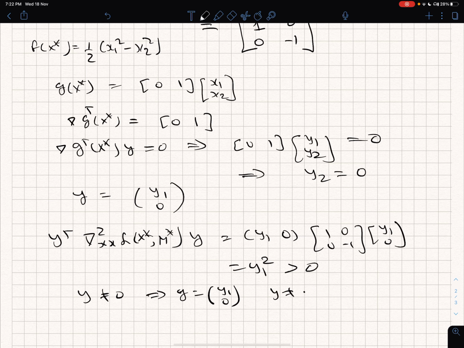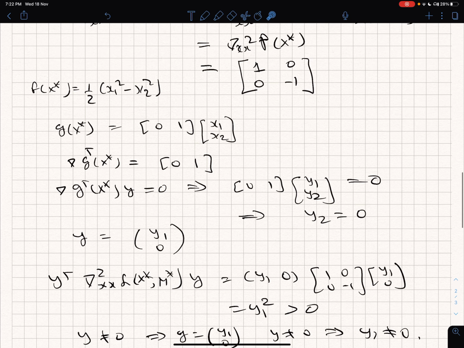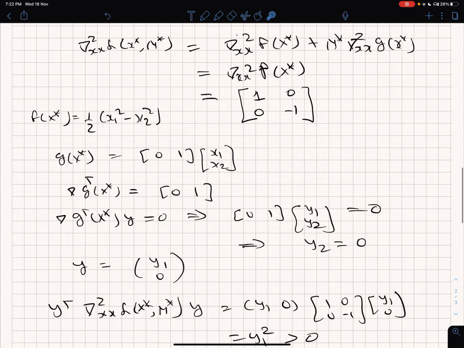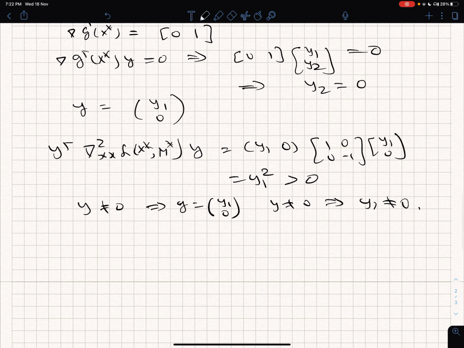So y not equal to 0 implies y1 not equal to 0. So therefore, the positivity of the second order curvature information is there, yet this is not even a local minimum.